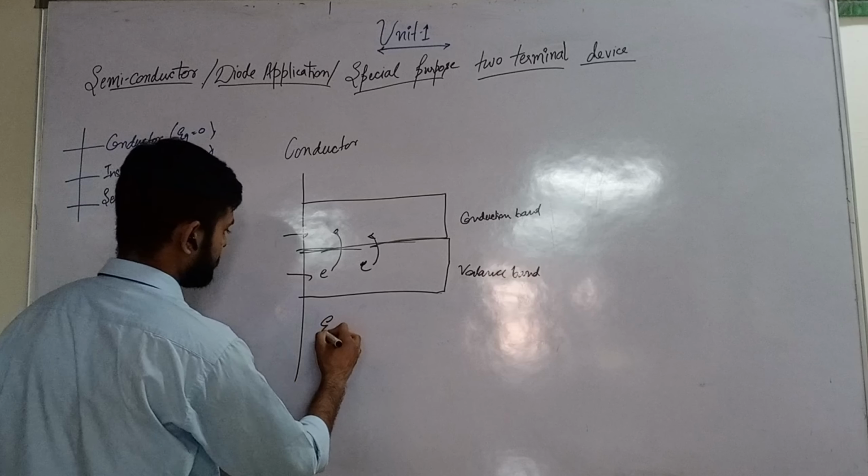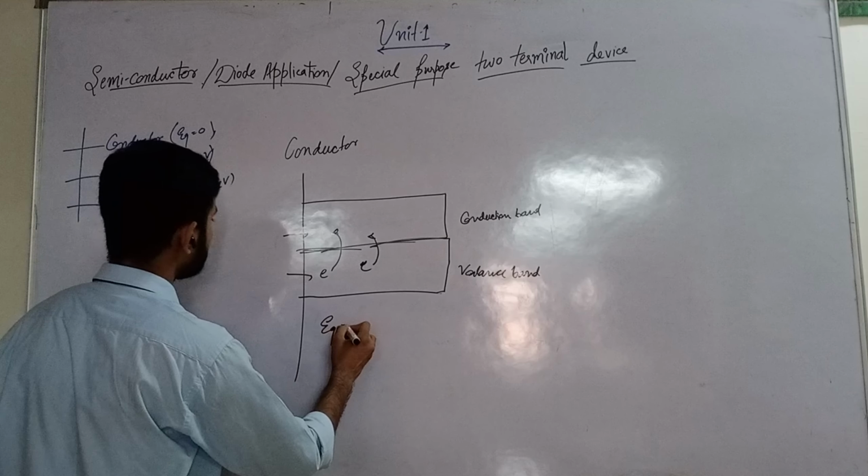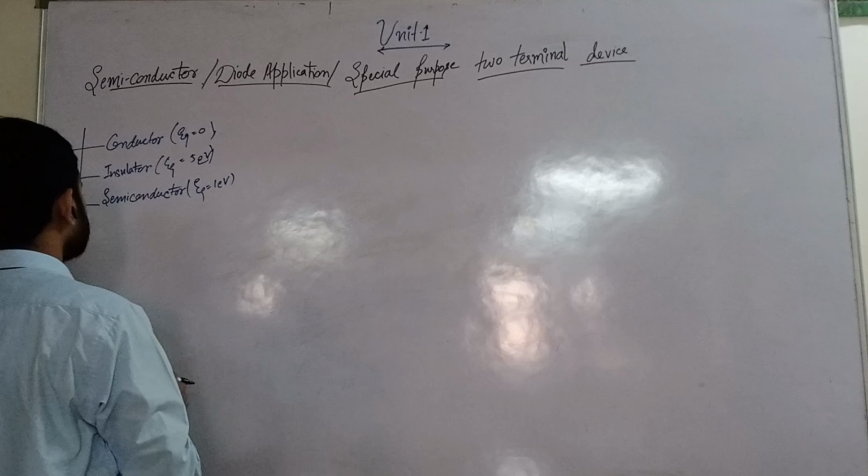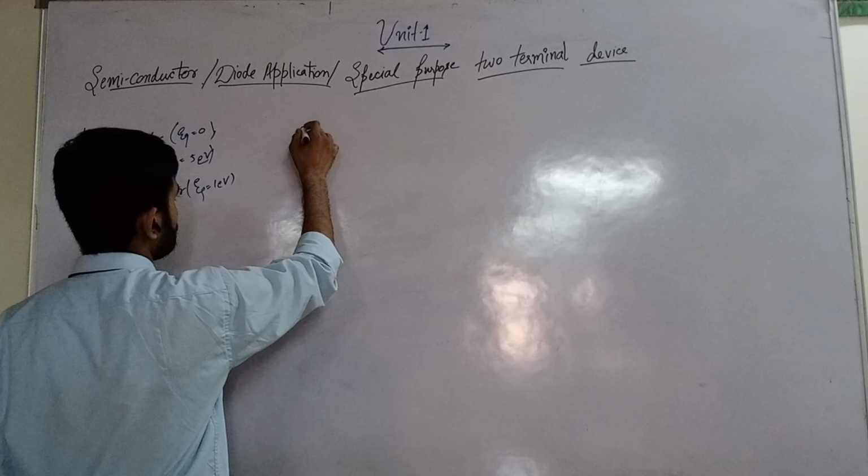The energy gap is zero in a conductor, so Eg is equal to 0. If Eg is 0, the flow of electrons from one place to another is easy without any hindrance. This is known as a conductor.